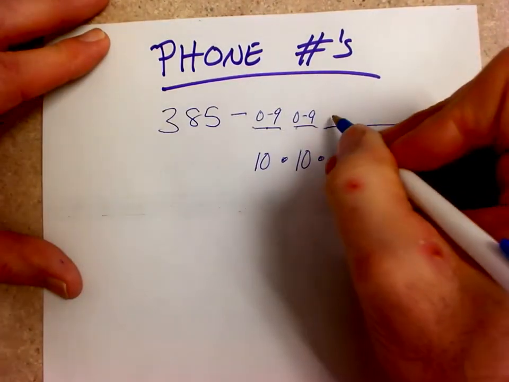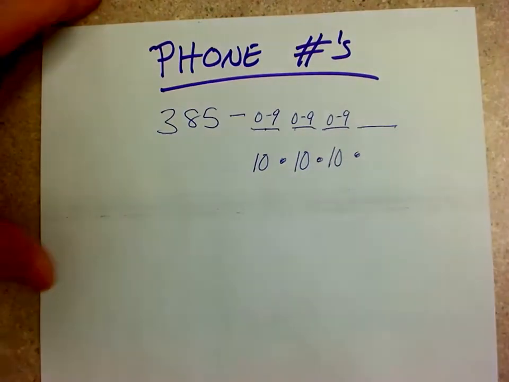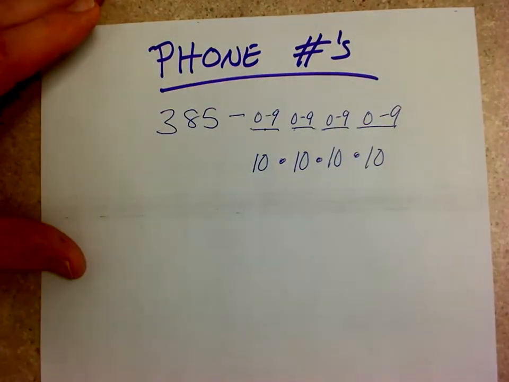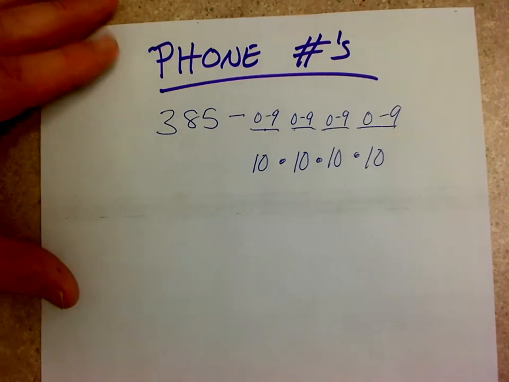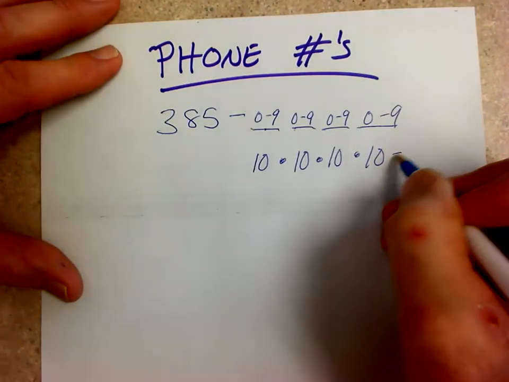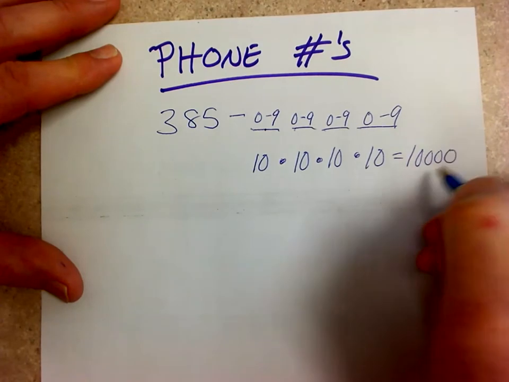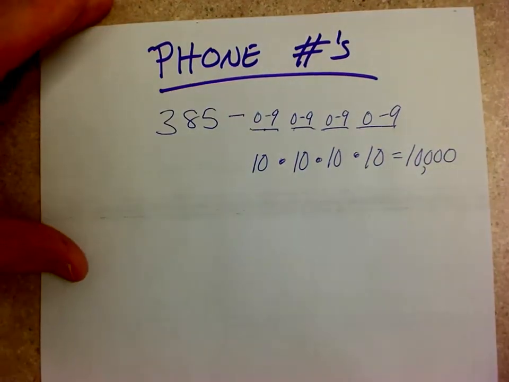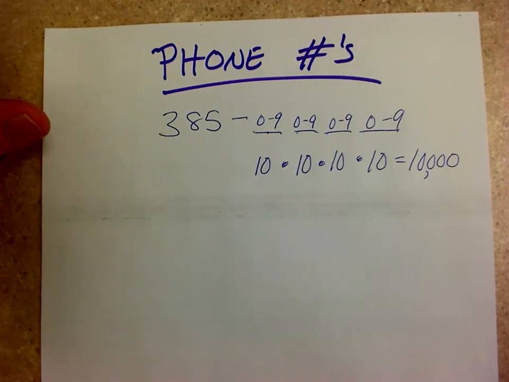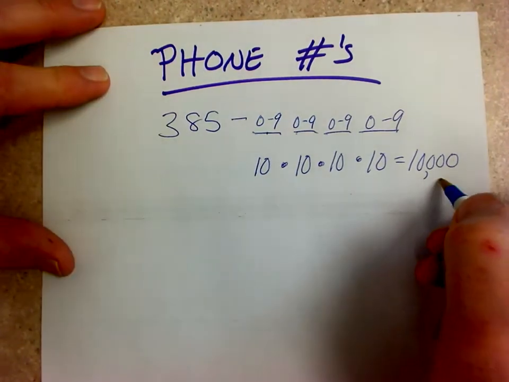So there's another 10, another 10, and another 10. Now we know our parts. The counting principle says just multiply your parts together. 10,000 different phone numbers with the 385 in Hocking County.